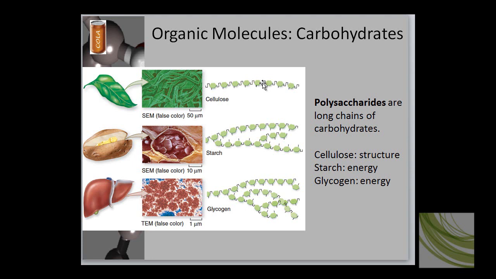A rumen is a cavity that has bacteria in it that will break the bonds on this cellulose chain so that we can then digest the glucoses, use them. A polysaccharide is just a type of polymer, but with saccharide, instead of saying it's a polymer of carbohydrates, saccharides means carbohydrates. So we're just basically shortening the word. Instead of saying a polymer of carbohydrates, we just say a polysaccharide, and that means the same thing.